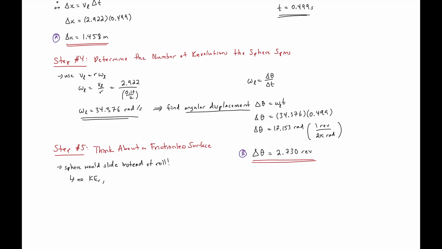So just to repeat, if you have a frictionless surface, the sphere is going to slide instead of roll. Because it slides and doesn't roll, it means there's no rotational kinetic energy, so that means all of the gravitational potential energy is turning into complete translational kinetic energy for the horizontal launch.